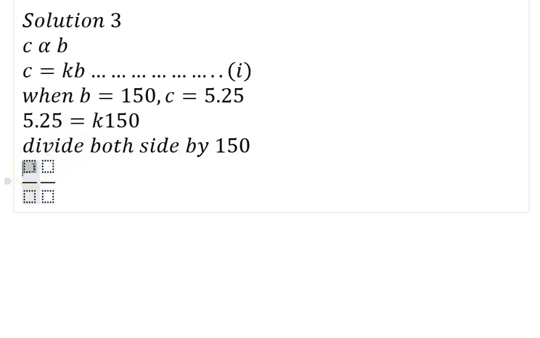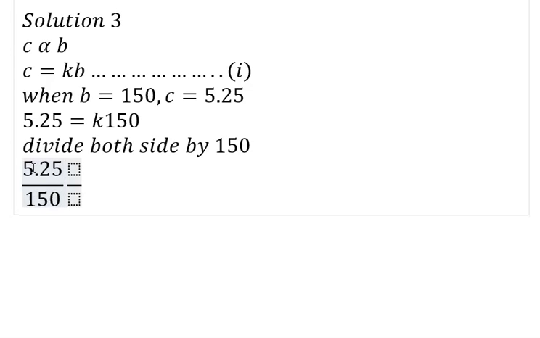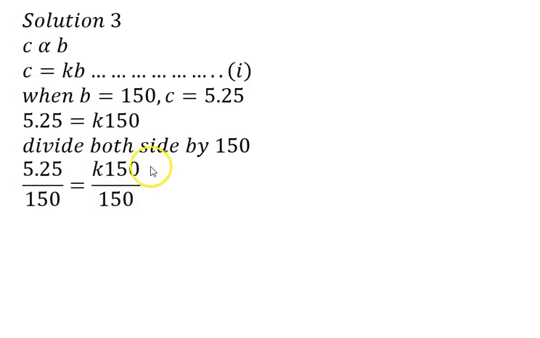So here we have our 5.25. We are dividing both sides by 150. We have our K times 150 here. So we are dividing by what? 150. Awesome. So with this, our 150 can cancel out 150.